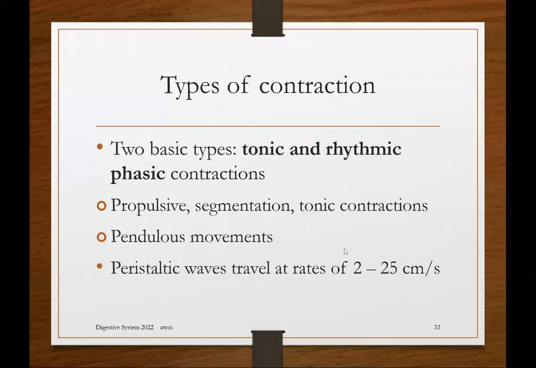If the intestines are engorged and there's all this activity taking place, how are you going to propel the blood so that it doesn't become static in a particular area of the gut? So these tonic contractions help to move not only the blood or venous blood along the gut wall, they also help move the lymphatic fluid.